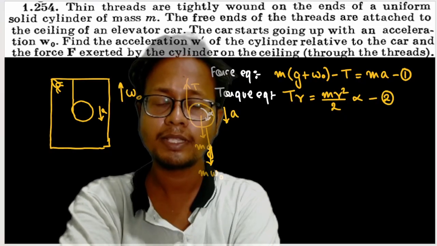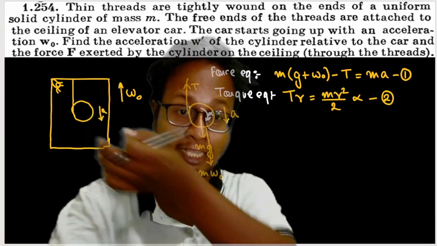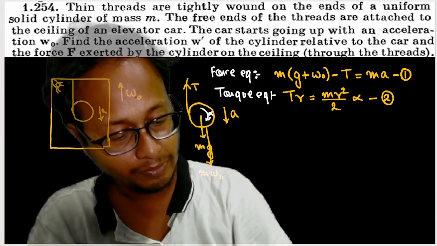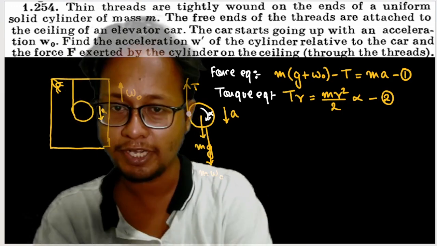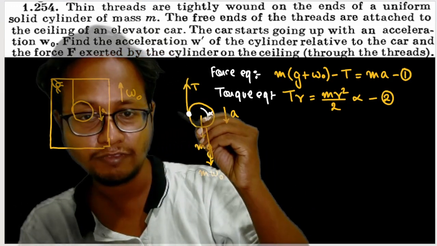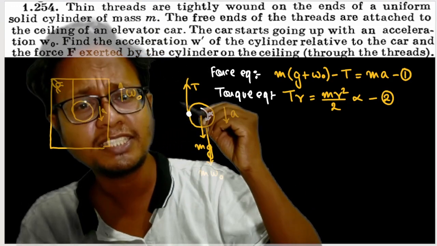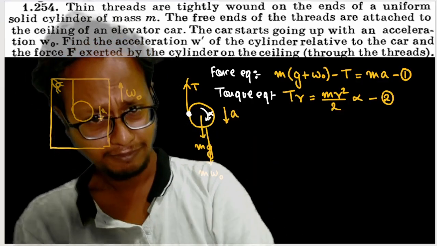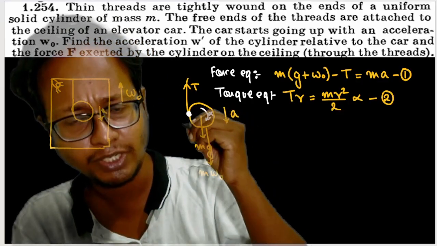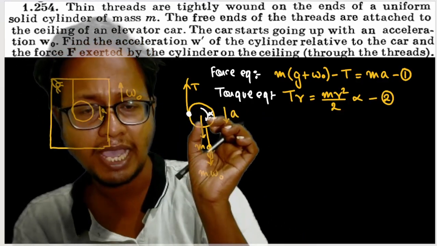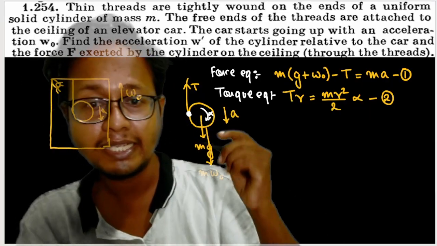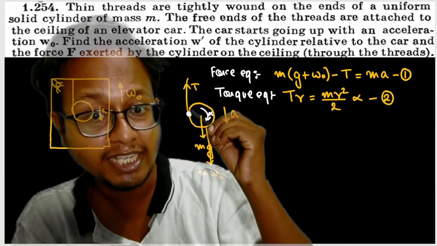Understood? Now see, at this position also I need to remember that if I observe this point, the velocity of this point is equal to 0. That means this point is the instantaneous axis of rotation. So if this point is the instantaneous axis of rotation, can I say a is equal to alpha into R? See, this point has 0 velocity.